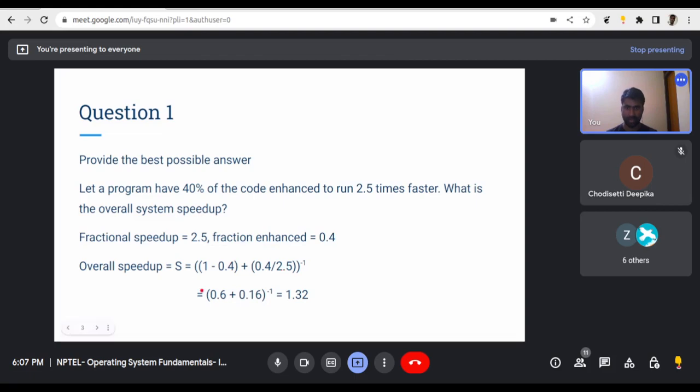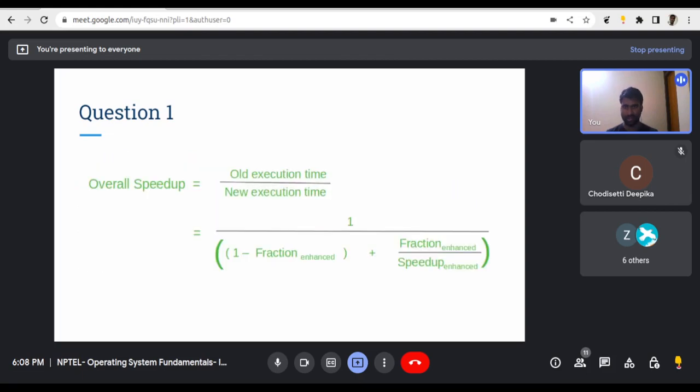If you put the values accordingly, you will get the overall speed up as 1.32. So if the older code was running at 1x, the newer code will run at 1.32x. This is the formula for Amdahl's law, if you did not know it previously.